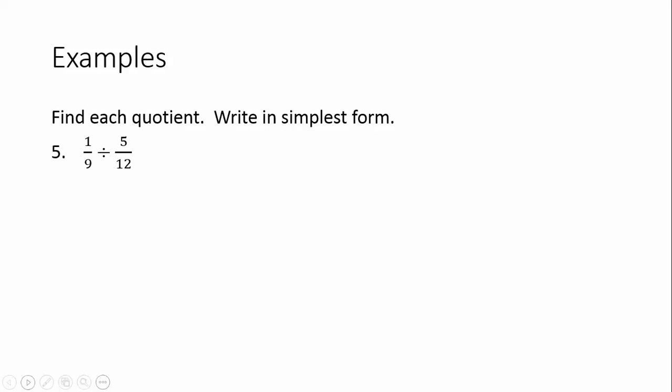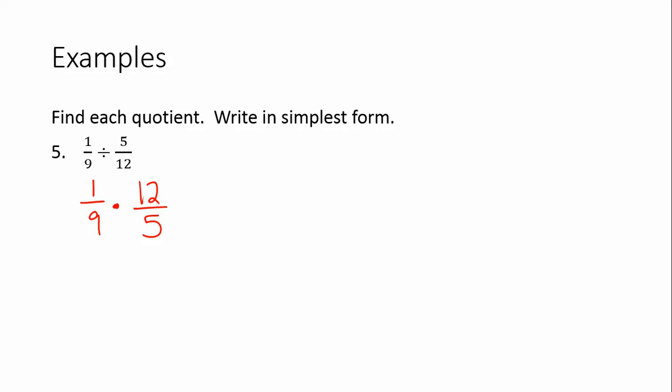So find each quotient, and then of course we always write in simplest form. When you are dividing fractions, the first thing you should do is rewrite the problem. 1 over 9 times 12 over 5. And I will want to see that on your paper, 1 over 9 times 12 over 5.